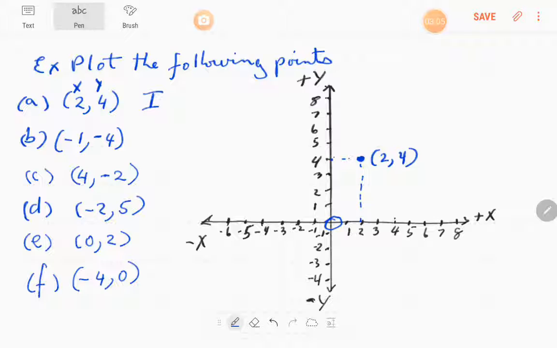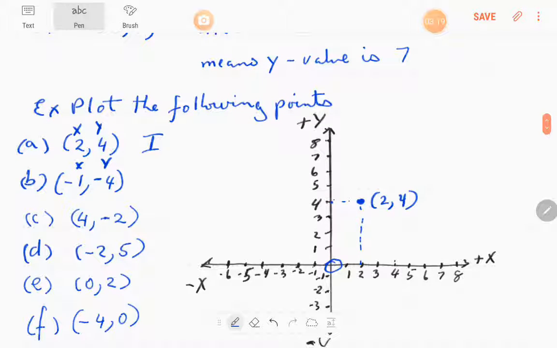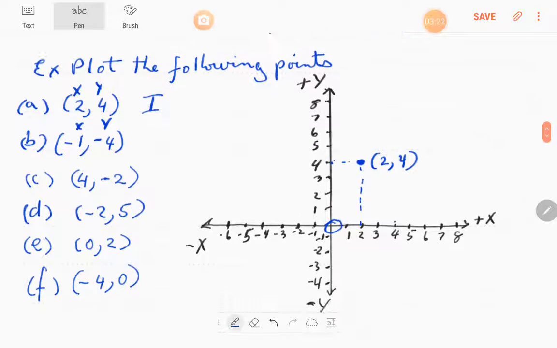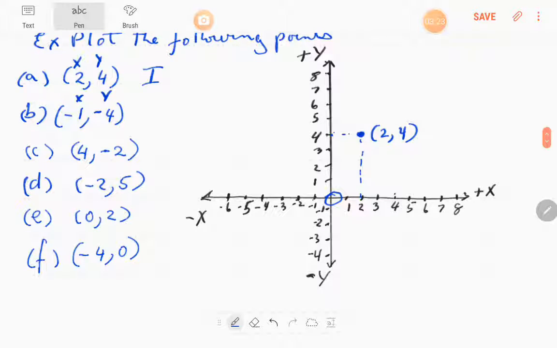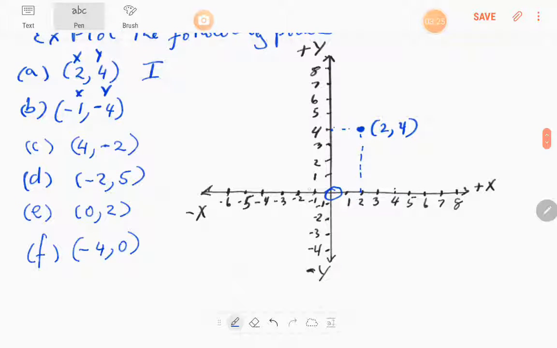Now let's look at the next example. The point -1, -4, the x value is -1, the y value is -4. We come up where x is -1.